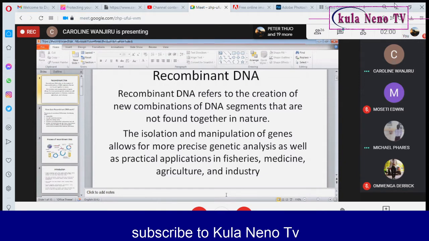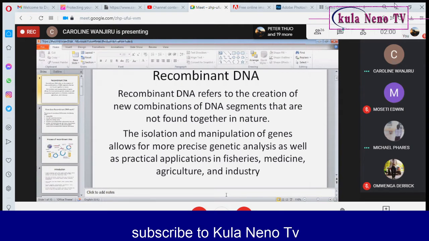So when you talk about recombinant DNA, what are the basics? The basics are, you identify a gene of interest.